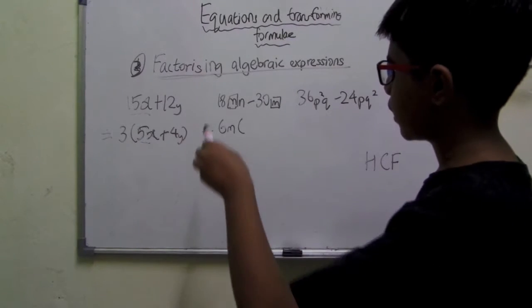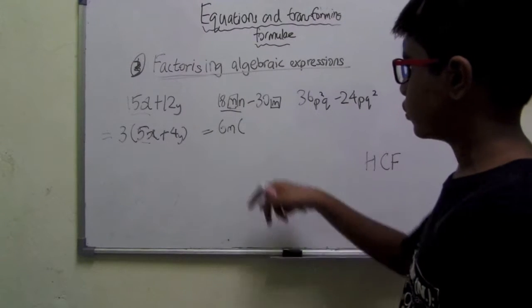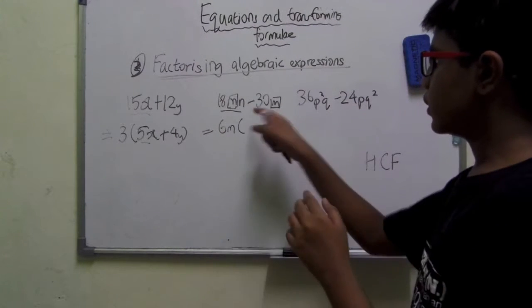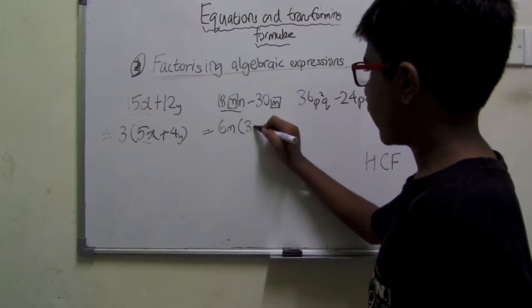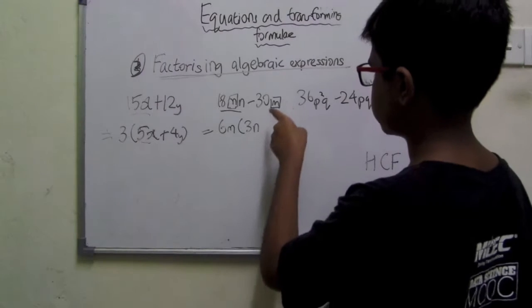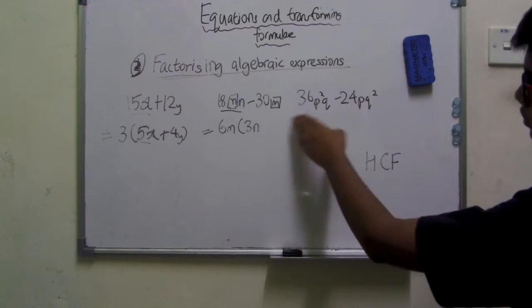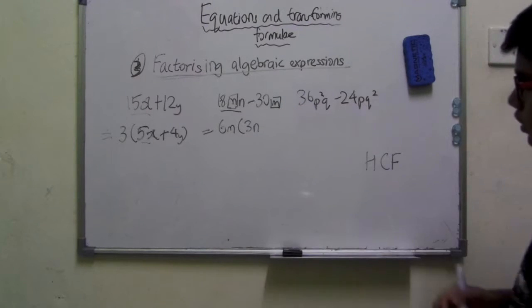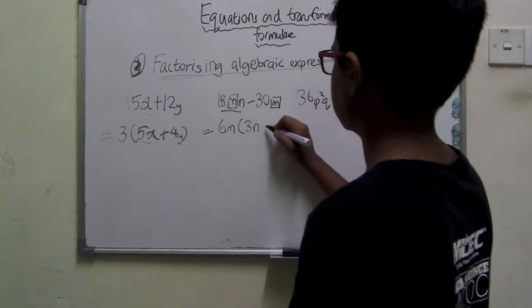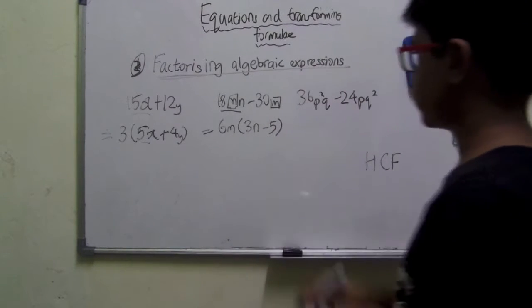So 6m times what gives us 18mn? The m stays, so you don't need to multiply it. So 3n. 6m times 3n gives us 18mn. 6m times what gives us negative 30m? The m stays the same, so we need to divide 30 by 6, which is 5. So 6m, open bracket, 3n minus 5.